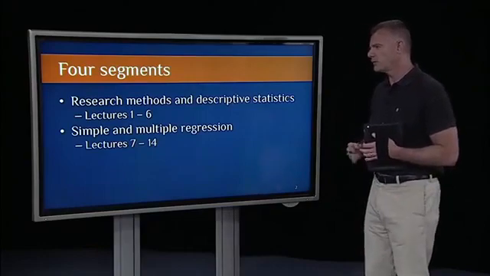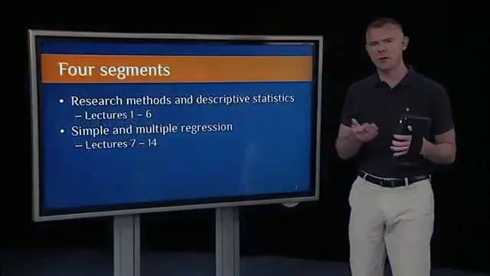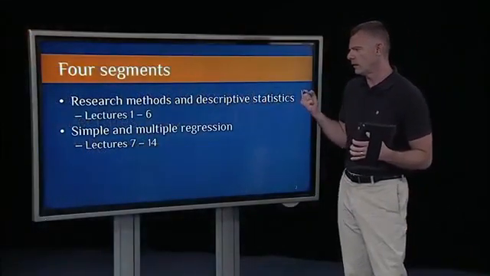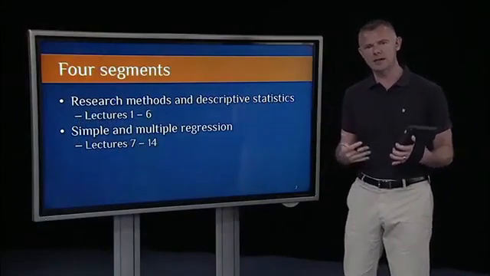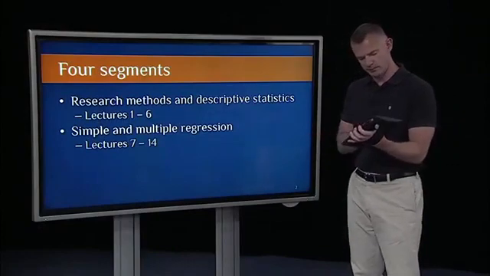So the first segment of the semester dealt with research methods and descriptive statistics. That was lectures 1 through 6. The second segment was simple and multiple regression. We spent a lot of time in multiple regression. That was lectures 7 through 14.